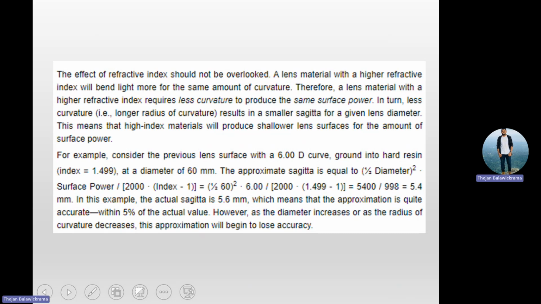What is the connection between sagitta, long radius of curvature, and the refractive index? Did you get what I said?